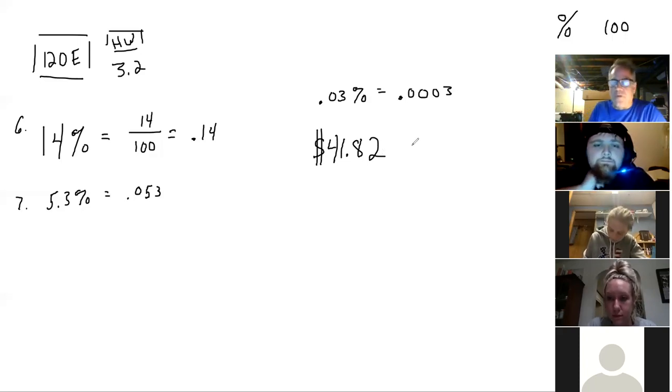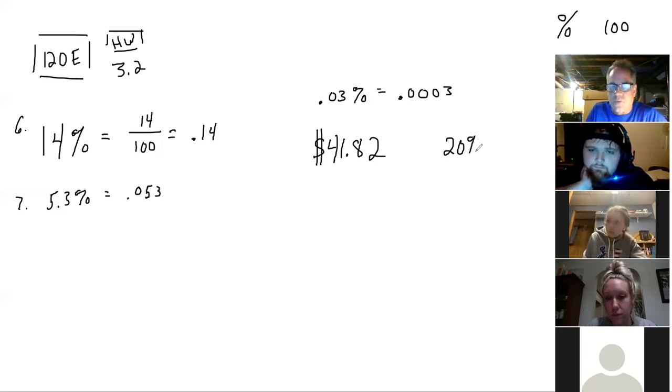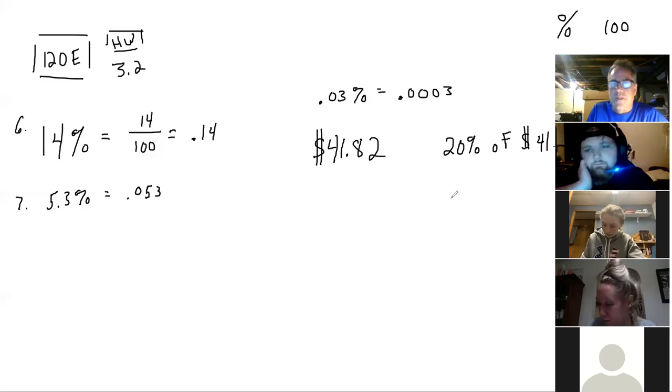Now, a 20% tip. When you want to figure out what is 20% of $41.82, then the calculation is to take that percentage and turn it to a decimal.